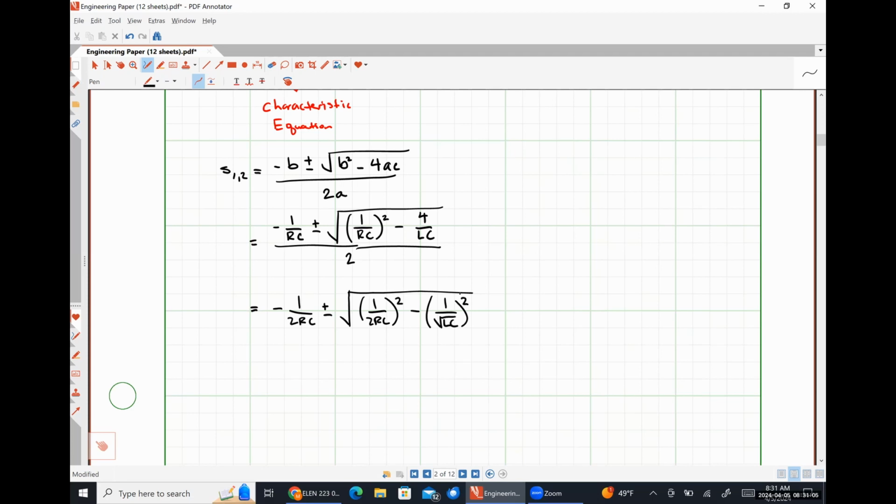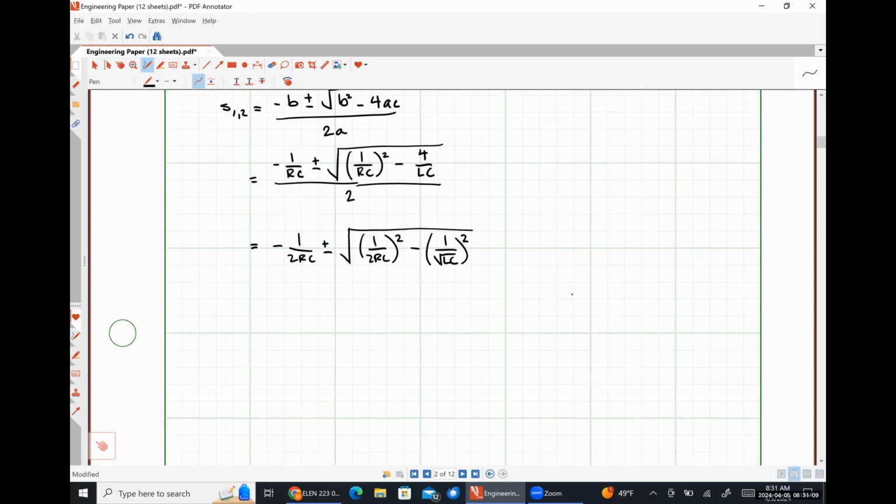Now, in electrical engineering, these terms have special names, okay? So we are going to call alpha that factor of 1 over twice RC, okay?